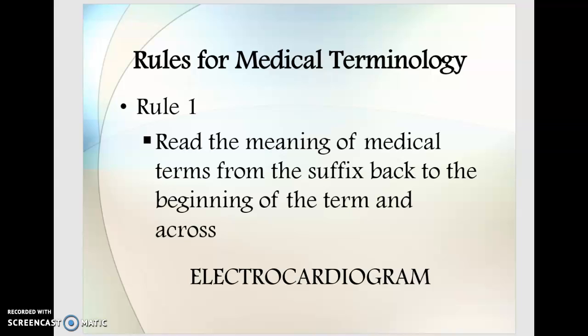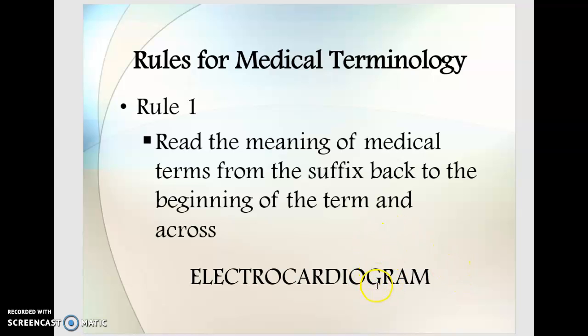Now, there are some rules for medical terminology, and I can't express to you enough how important rule number 1 is. On your tests, when you get into the body systems, I am going to be asking you to define medical terms. There is a process to do that. We always start at the suffix of the word, and then we move back to the beginning of the word and read the term across. So let's look at electrocardiogram.